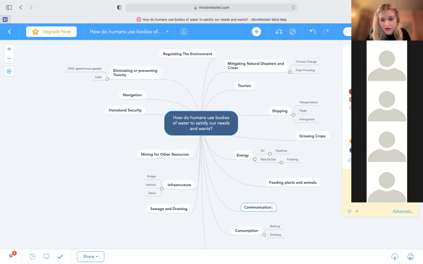Communications networks, satellites, and internet. The internet has all these underwater wirings that make it possible. Same thing with cable TV. It goes underwater, under land.